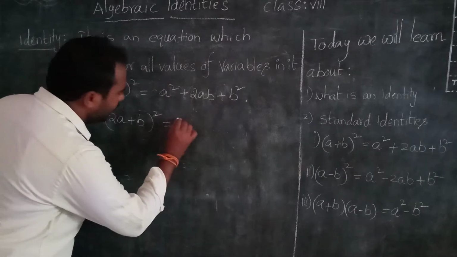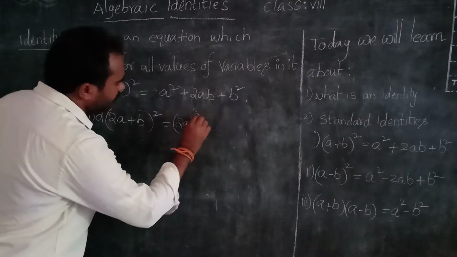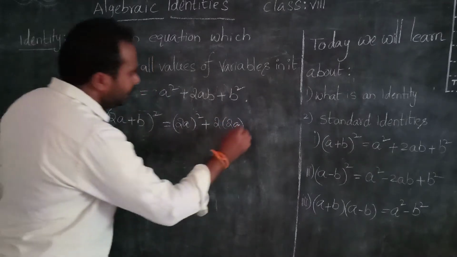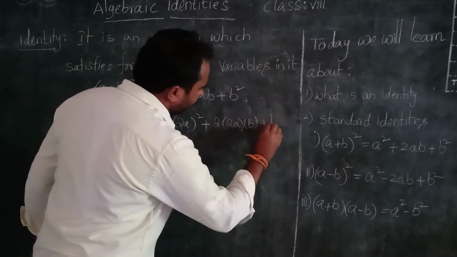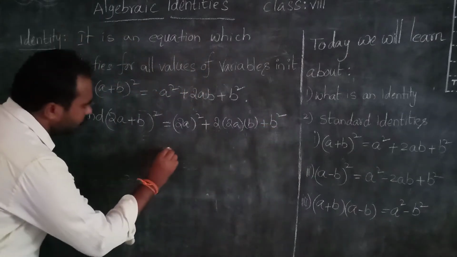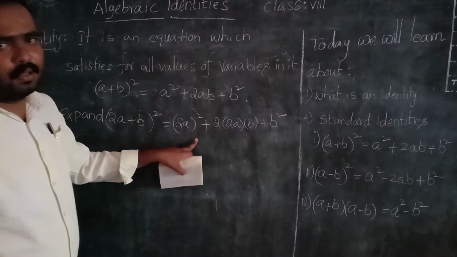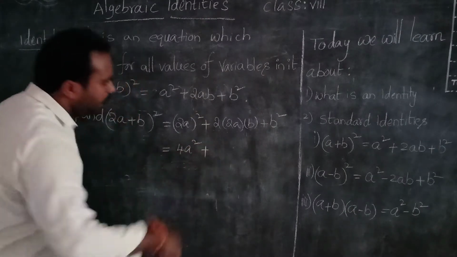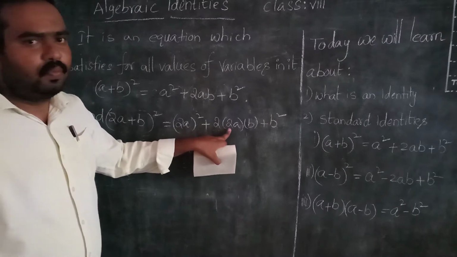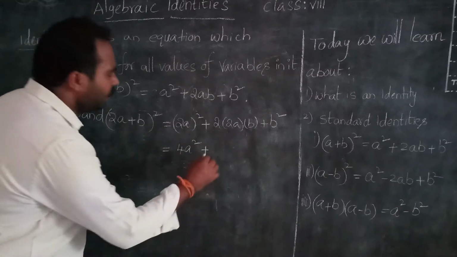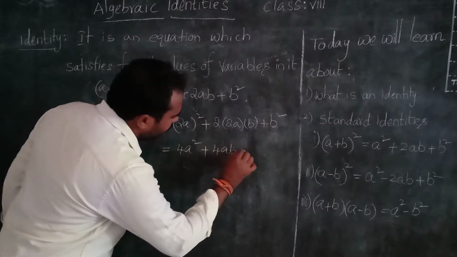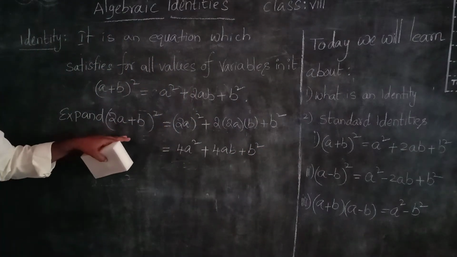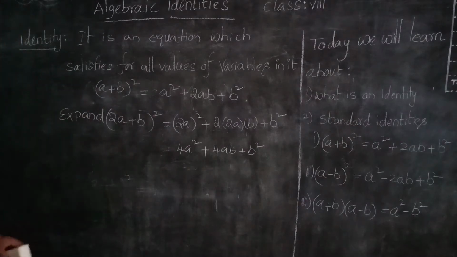So it can be written as (2a) whole square plus 2 into 2a into b plus b square. So what is (2a) whole square? 2a into 2a, 4a square, plus 2 into 2, 4a into b, 4ab, plus b square. So this is the expansion of (2a plus b) whole square.